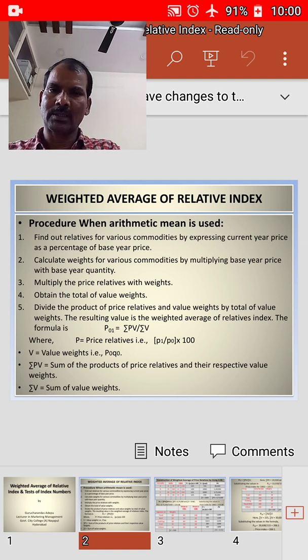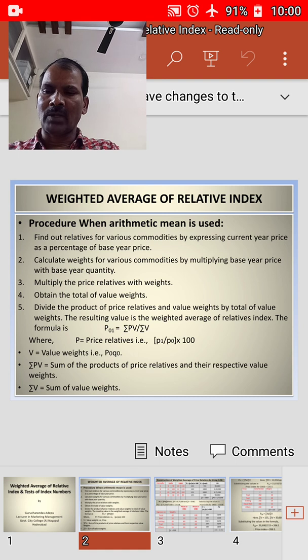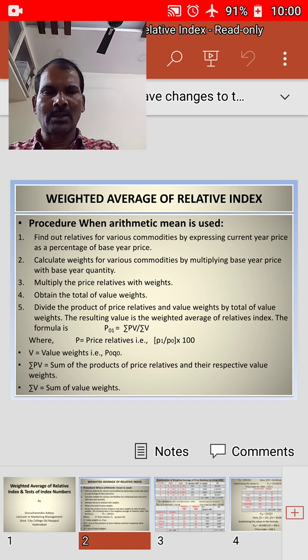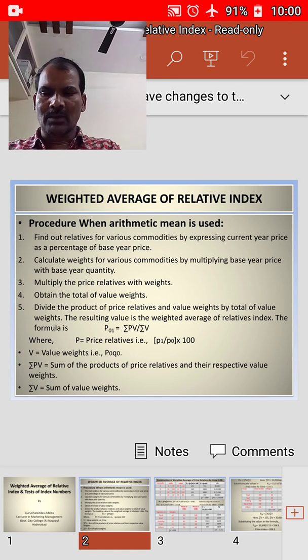V is the value weights, where value is measured in terms of price and quantity, that is base year price and quantity, P0 Q0. So V is equal to P0 into Q0, where small P0 indicates the base year price and Q0 indicates the base year quantity, right?